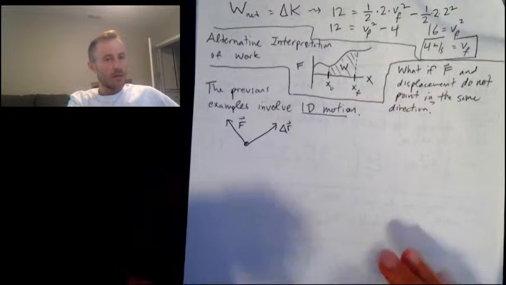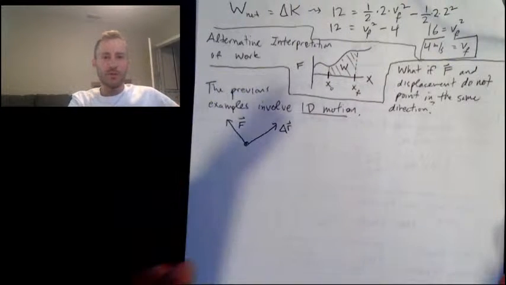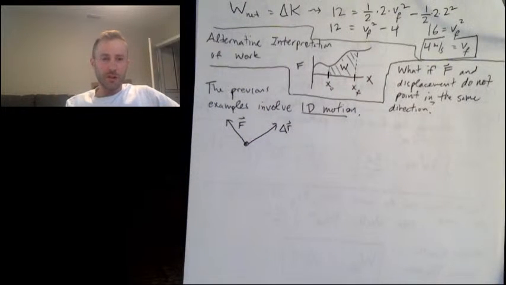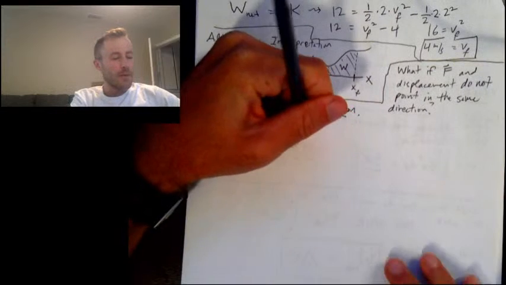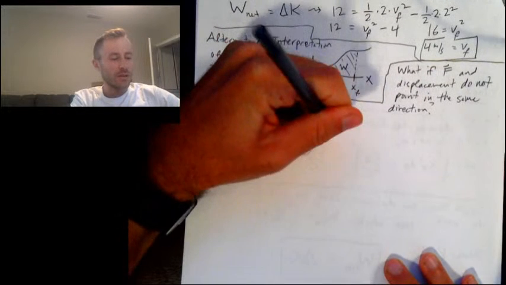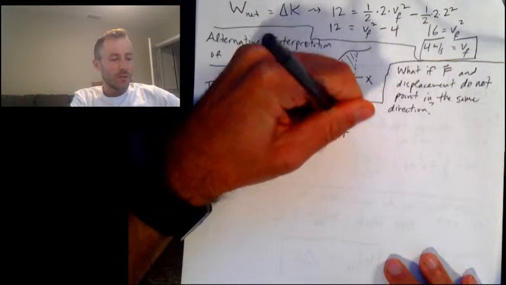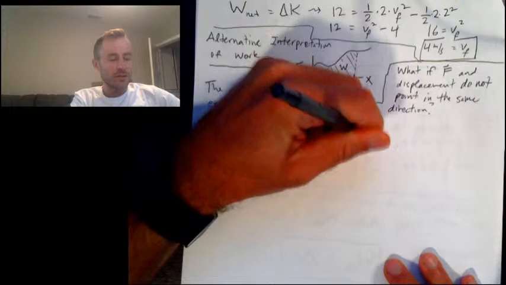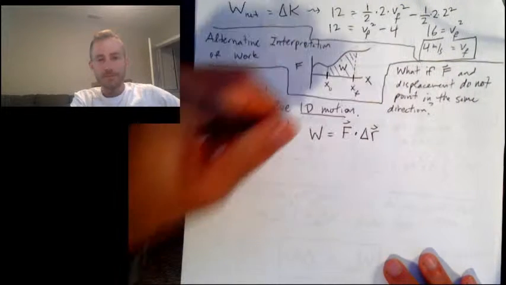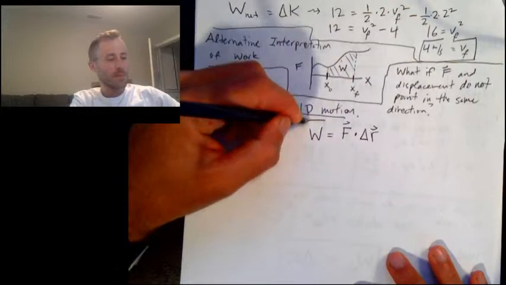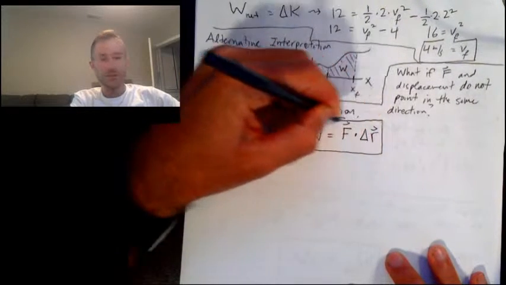In this kind of scenario where the force and the displacement are not in the same direction, the definition of work is force dot product displacement. So work is a dot product.